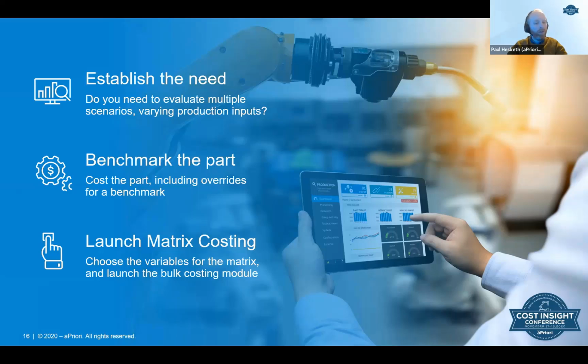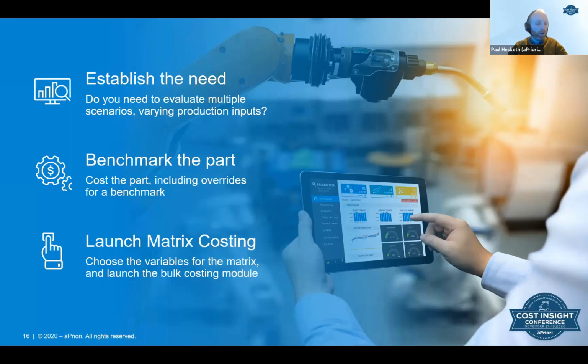There has to be a need for matrix costing. So for example, we need to have multiple comparisons for this to be really worthwhile. And there has to be different inputs, things like your batch size, your volume, your region, or your supplier. If that's satisfied and there's a need for this, we need to benchmark the part.